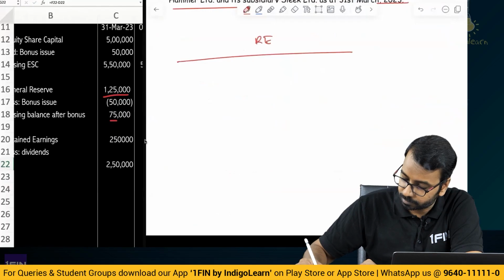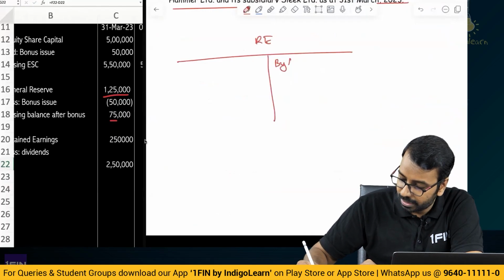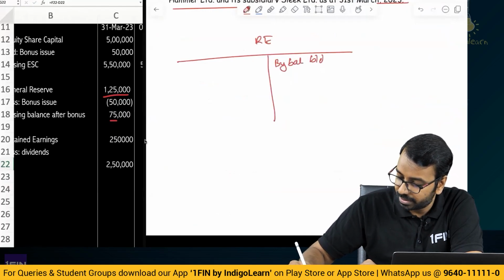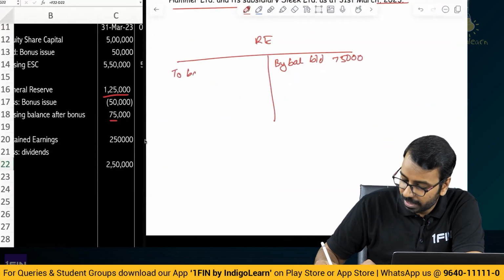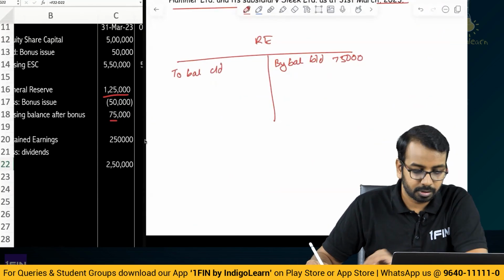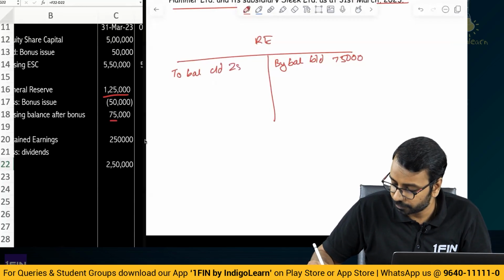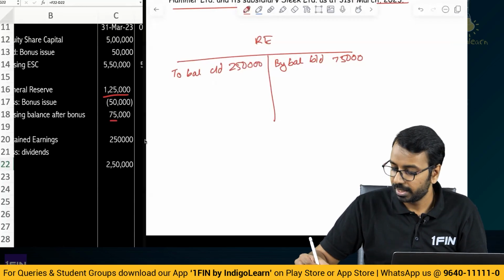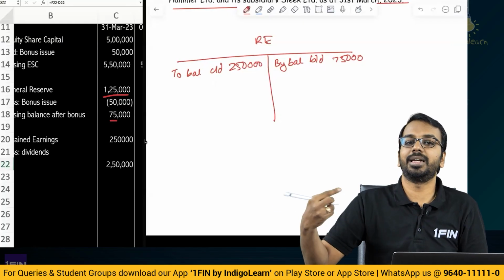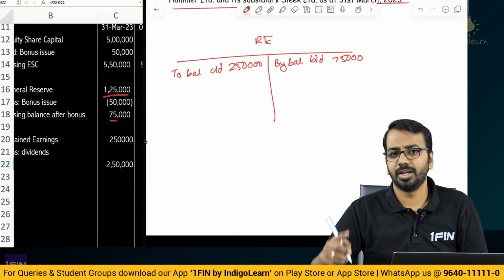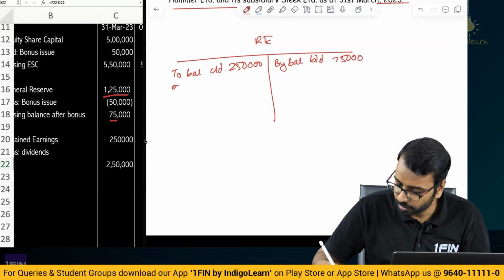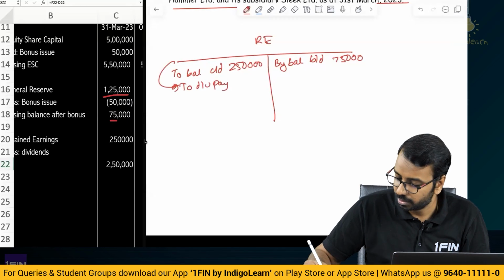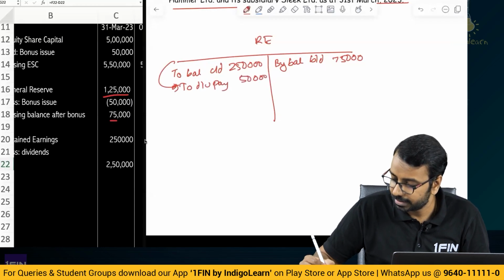In case you are finding it slightly complicated, what you can think of it is retained earnings by balance brought down 75,000 to balance carried down, how much is that? 2,50,000. Okay. Now we paid dividends. When you pay dividend, what is the entry? You will debit the retained earnings and credit dividend payable. So actually it will come here to dividend payable 50,000.